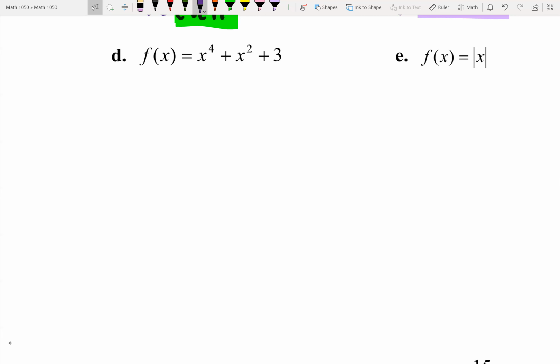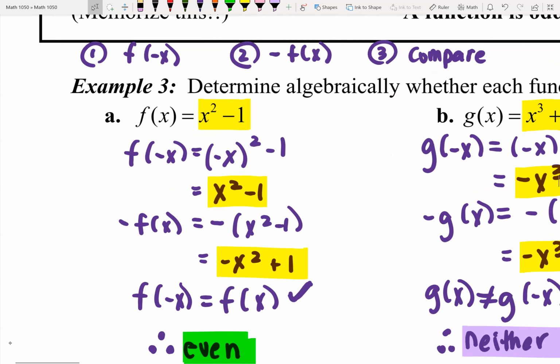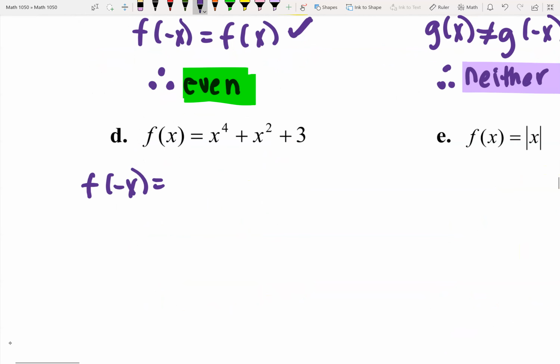Okay, let's do question D. Nice and slowly. f of negative x. In parentheses. You know what? Do me a favor. Go up to the top and see right here where we wrote question 1. Put negative x in parentheses. I think that might be the biggest issue people have. They don't put parentheses around that negative x in that first step.